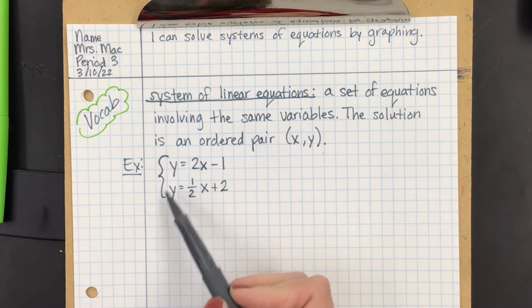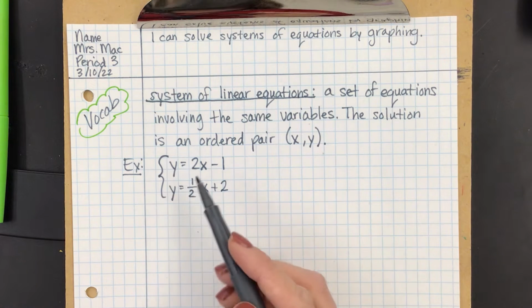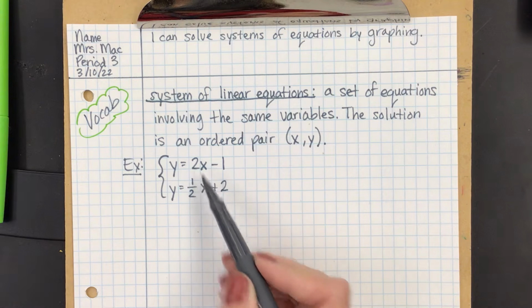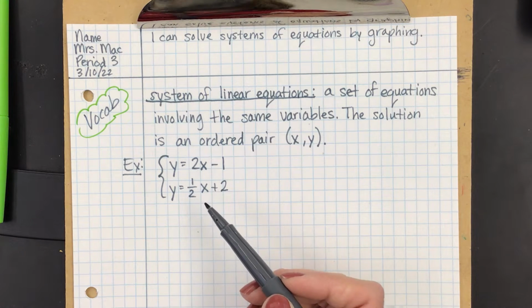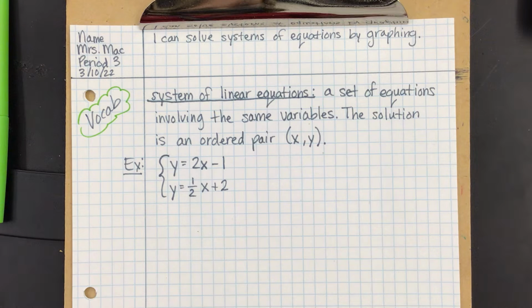This squiggly bracket is the notation we use for systems, just to show that these two equations are a system. What I'm going to do is graph both these lines on the same coordinate plane and see where they cross.